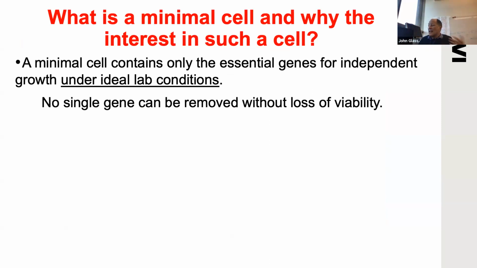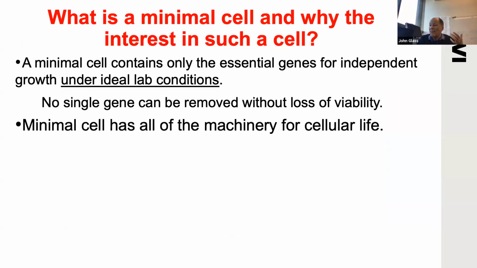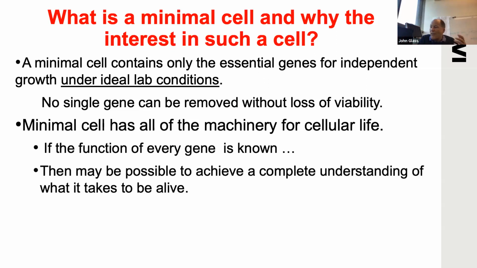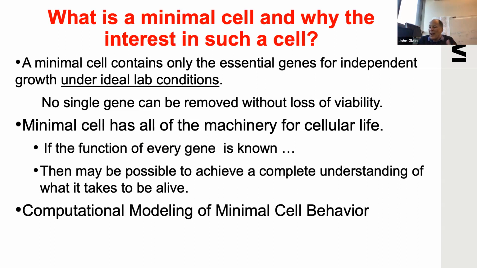No single gene can be removed without a loss of viability, and it has all the machinery for cellular life, so that ideally, if I knew the function of every gene, of every protein in the cell, I would have a real, perhaps near complete understanding of what it takes to be alive.